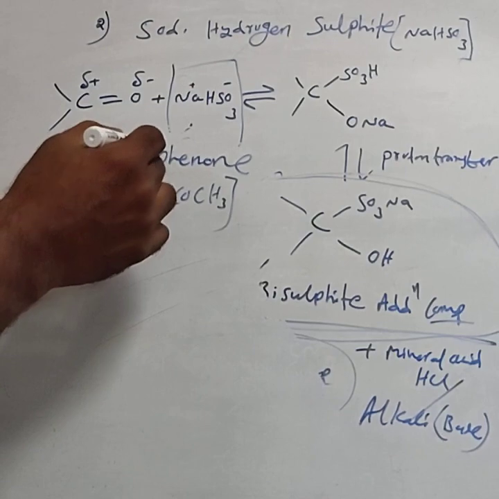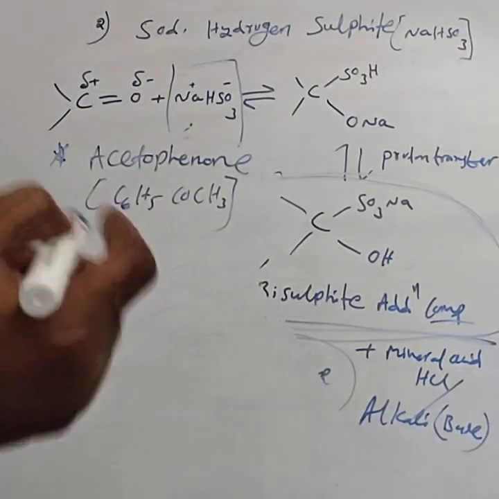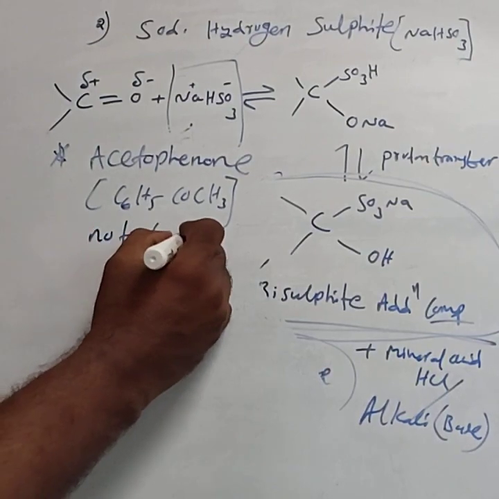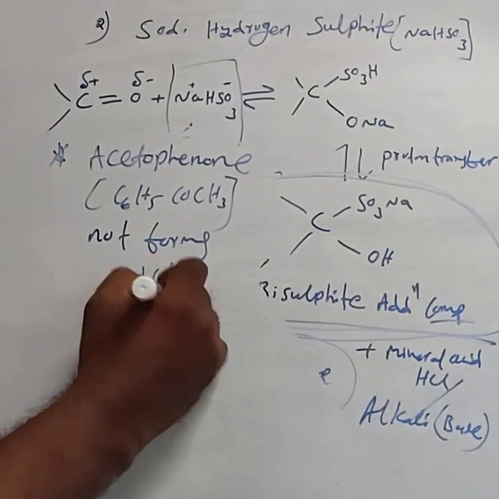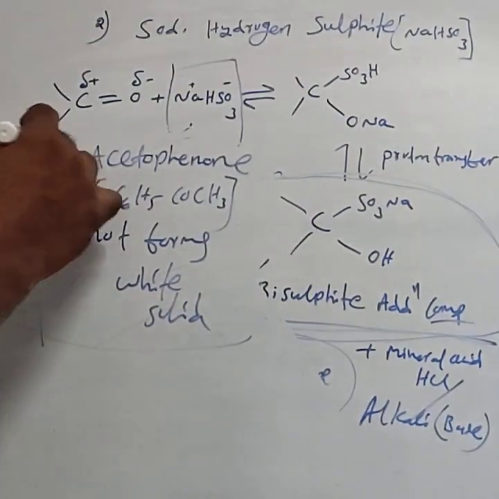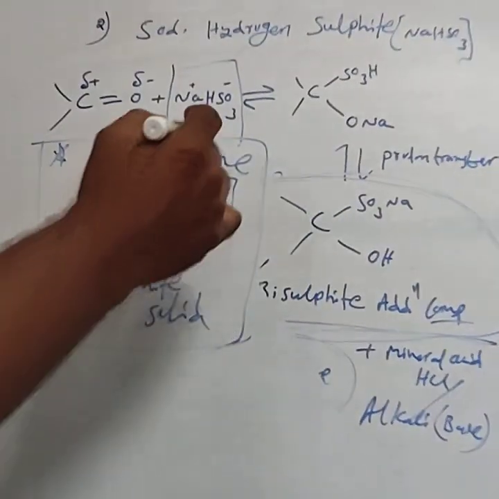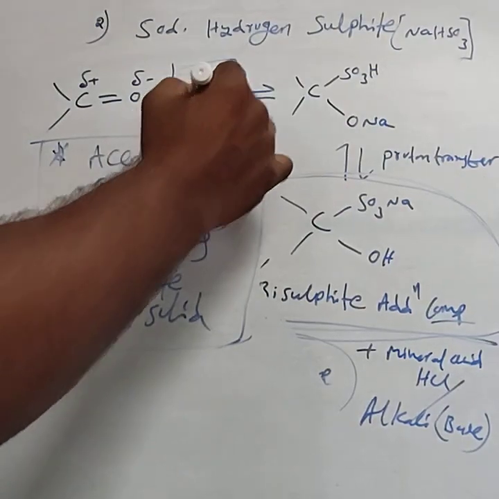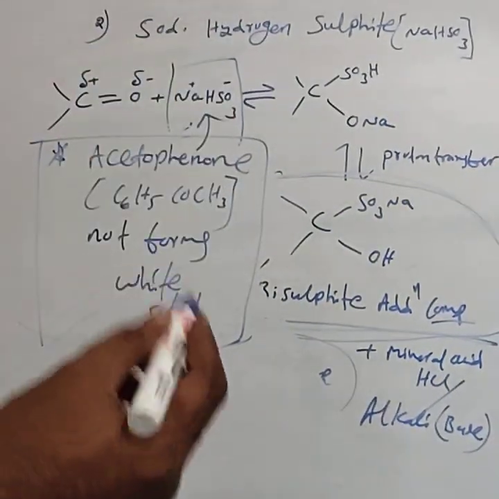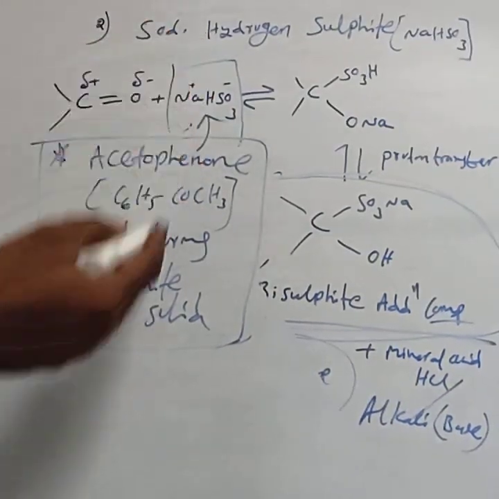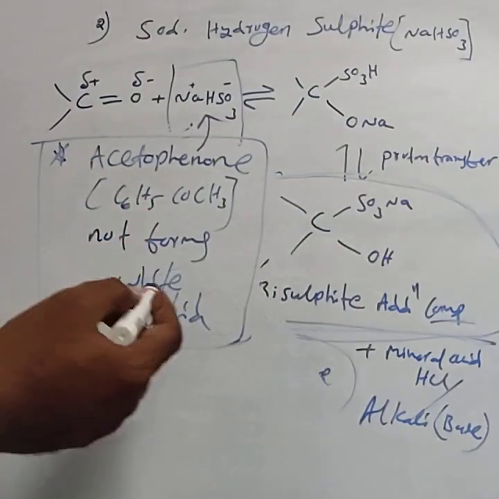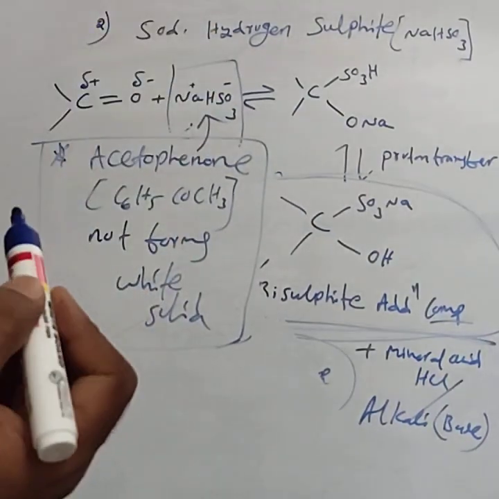In our syllabus, only acetophenone is considered. Acetophenone does not form a white solid with sodium bisulfite, sodium hydrogen sulfite. This is very, very important. In the first mains they often ask this question: why does acetophenone not form a white solid with sodium hydrogen sulfite?